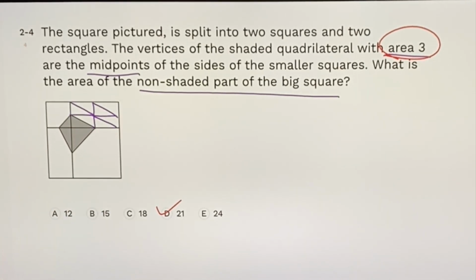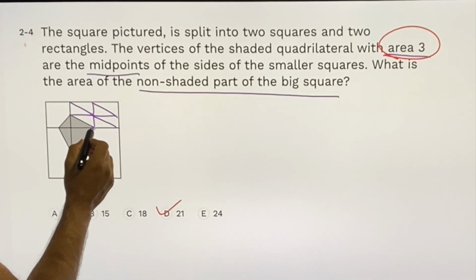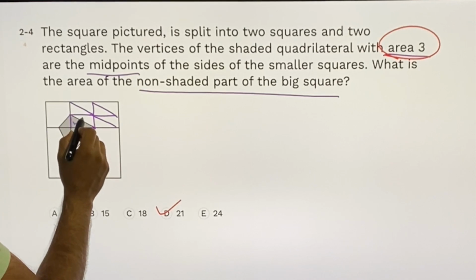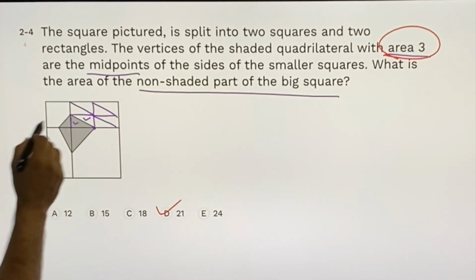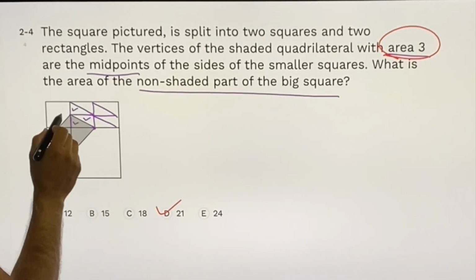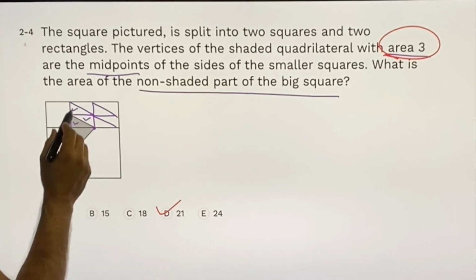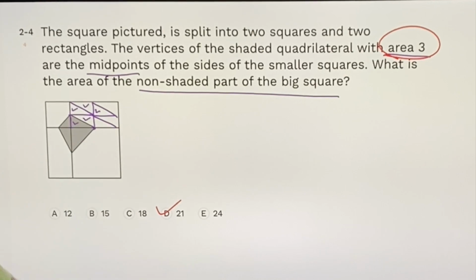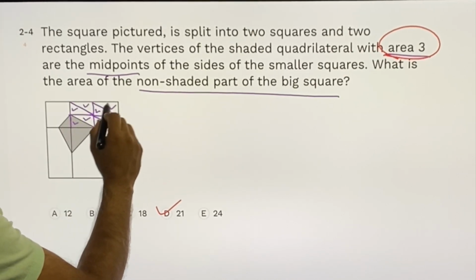From here, this is the midpoint, right? So this is a rectangle, and this area is going to be the same as this area. This area is going to be the same as this area because again, remember, this is the midpoint. Similarly, this is going to be the same. This area is going to be the same, right?